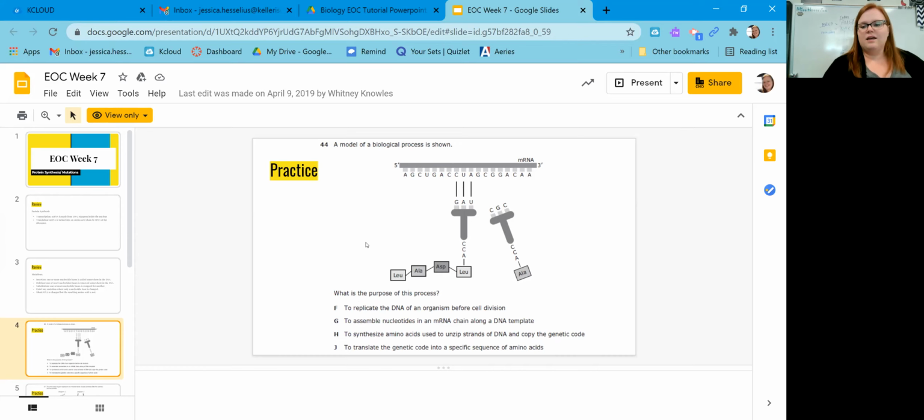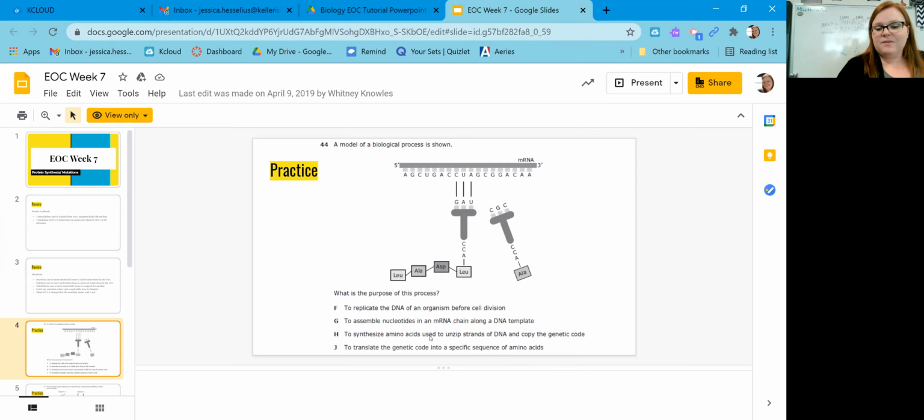So what's the process of translation? The purpose is to translate our genetic code into a specific sequence of amino acids. It's not to replicate DNA, that's a different process. There's no RNA or amino acids in the process of DNA replication. It's not assembling nucleotides in an mRNA chain. That's transcription, which is the first step of protein synthesis.